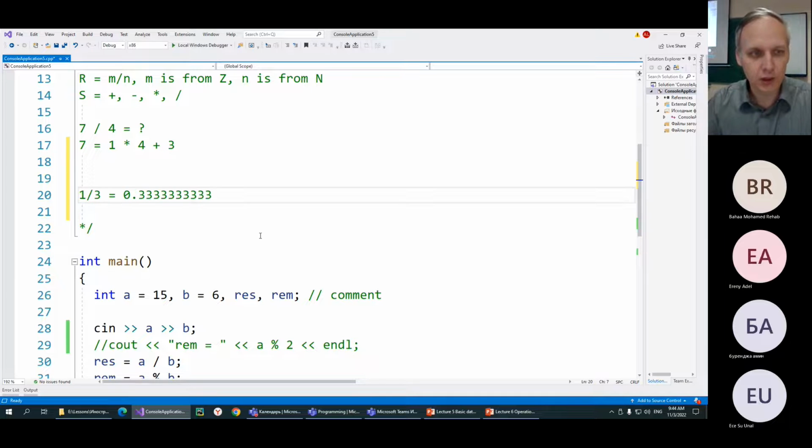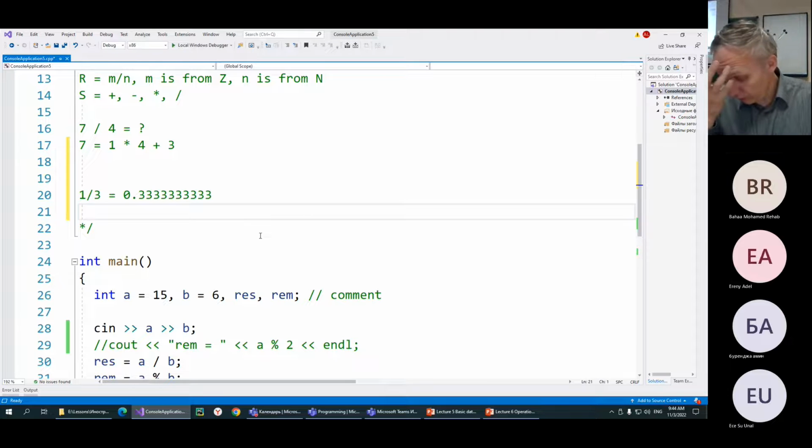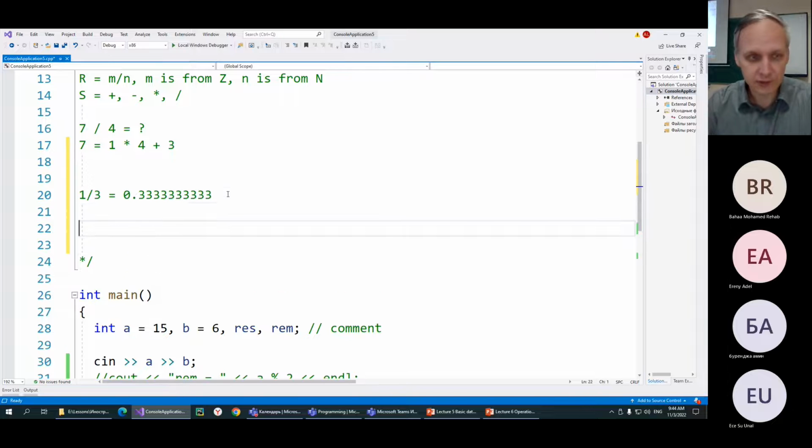This is an example related to the representation of fractions. But another example is how to represent a very large number.